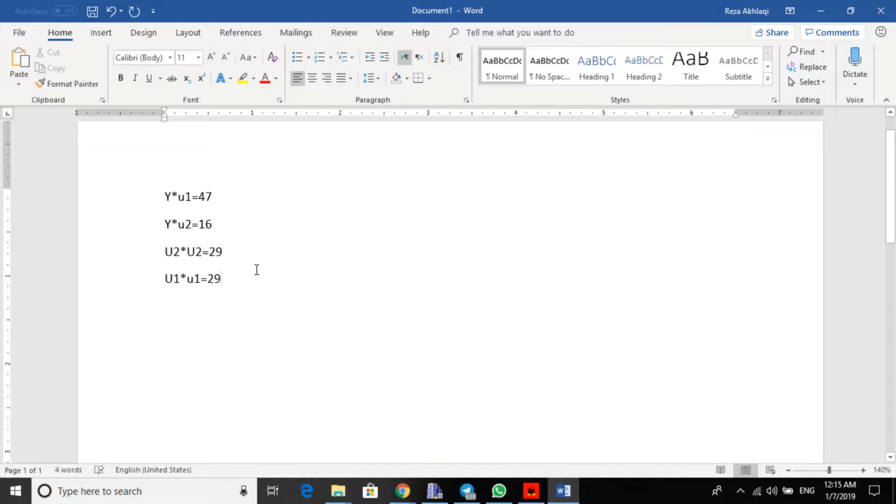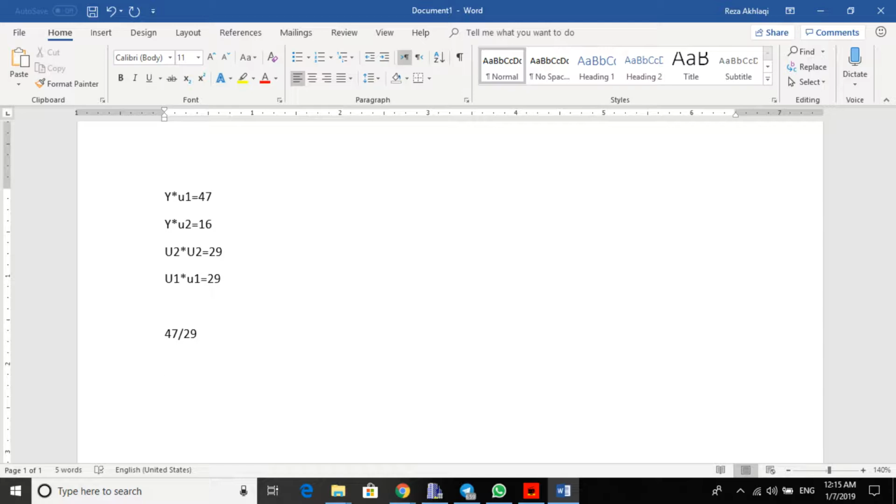That's interesting. So y times u1 is 47, and we have 47 divided by u1 times u1, which is 29. This is the first step.